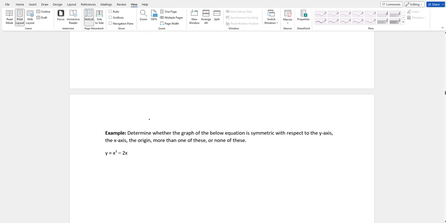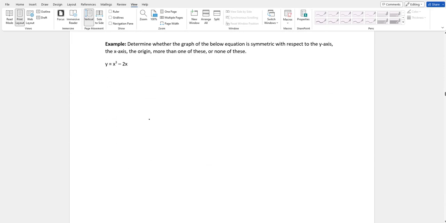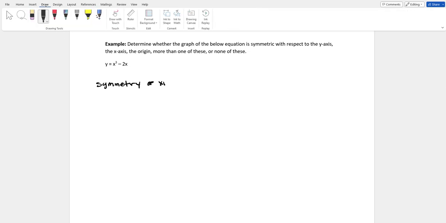So I have negative y is equal to x cubed minus 2x. To get y by itself, I'll divide everything by negative 1. I get y is equal to negative x cubed plus 2x. As you can see, this is not equivalent to our original problem. So there's no symmetry about the x-axis.